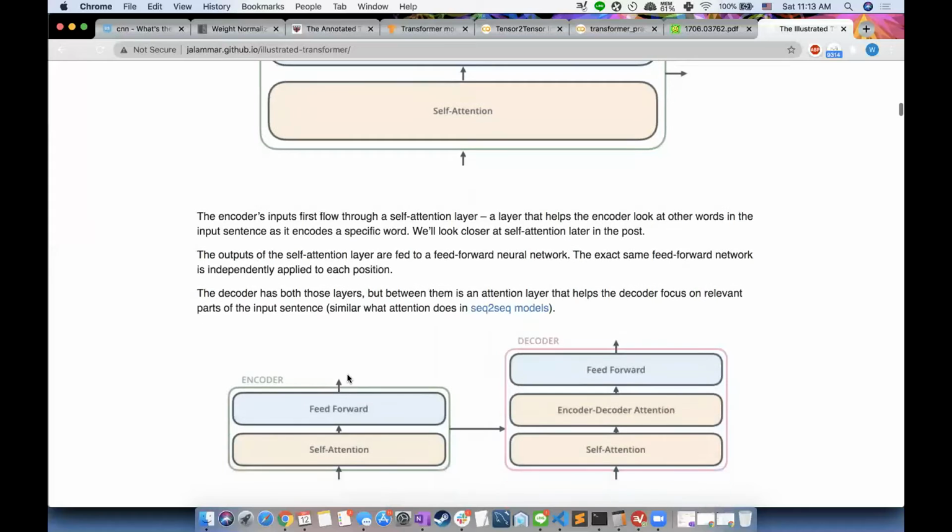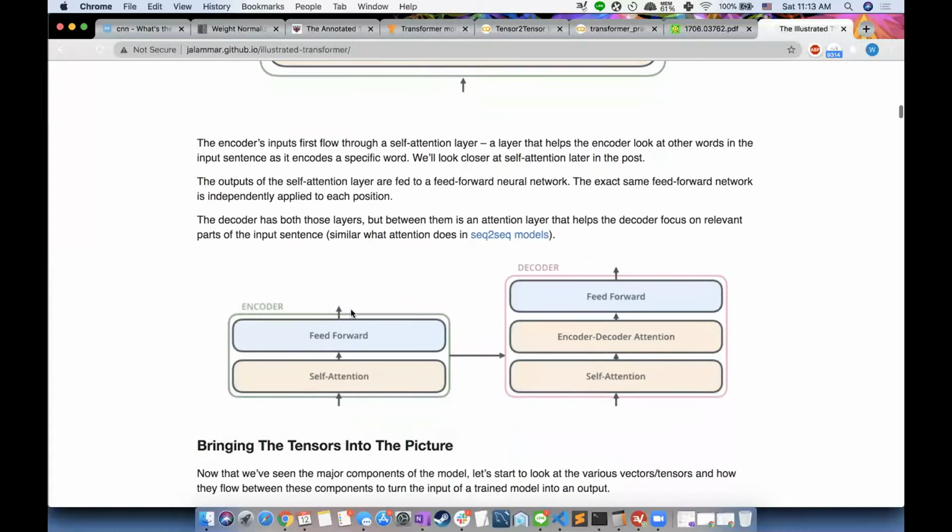The decoder, okay, so let's look at the decoder a little bit. The decoder has both of these layers, right? So we got self-attention here, feed-forward here. And again, we'll talk about what self-attention is in just a little bit. It's the same here, right?